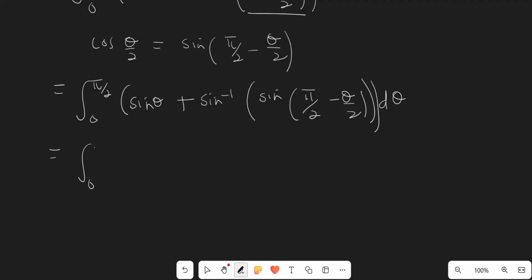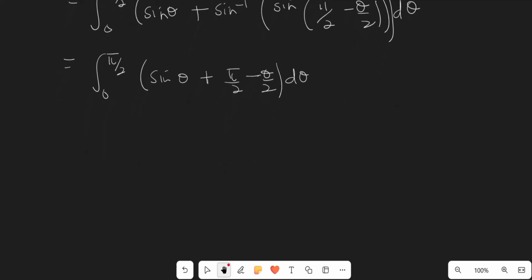So in the end, we have the integral from 0 to pi over 2 of sine of theta plus sine inverse of the sine of this angle, which is just the angle, pi over 2 minus theta over 2, d theta. So our integral is now trivial.